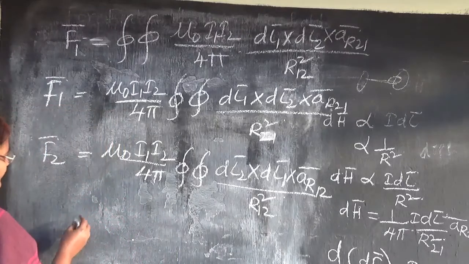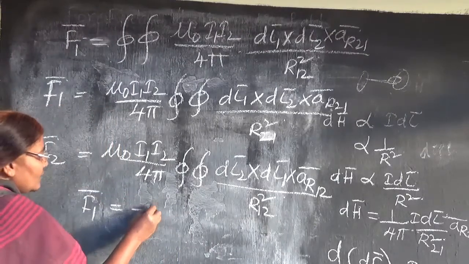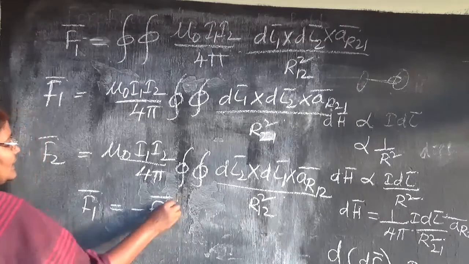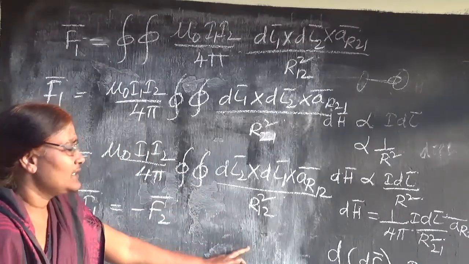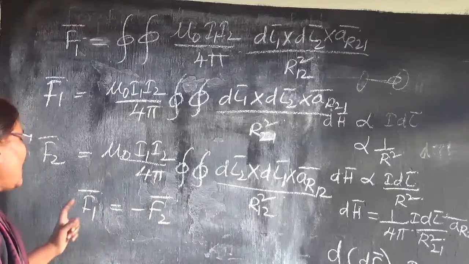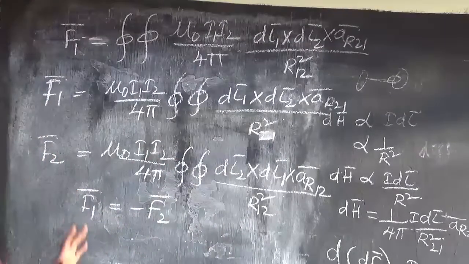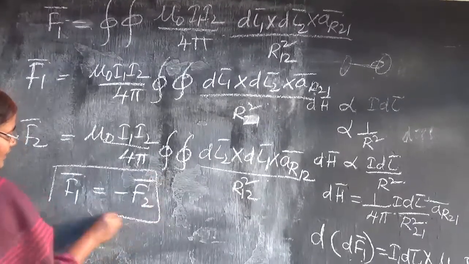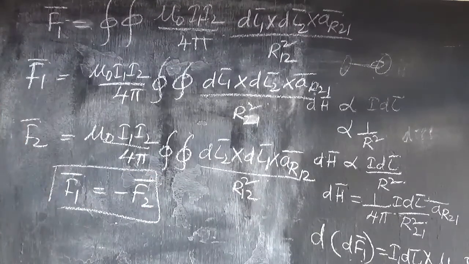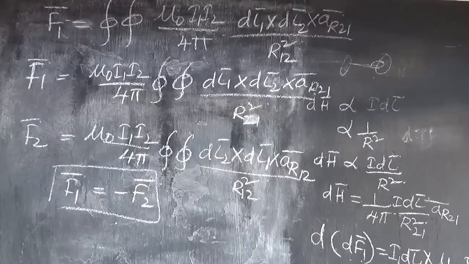So that is the reason we can write F1 bar is equal to minus F2 bar. That is, the force exerted onto the second element will be opposite to the force exerted onto the first element. So this is the relation between forces of the two differential current elements produced by the magnetic fields.